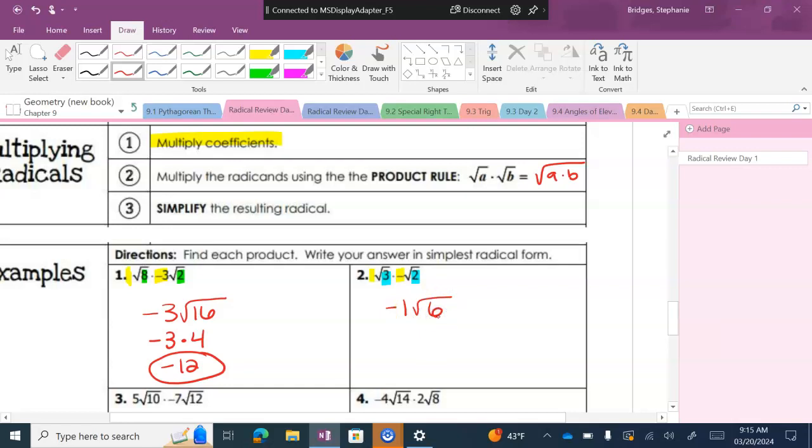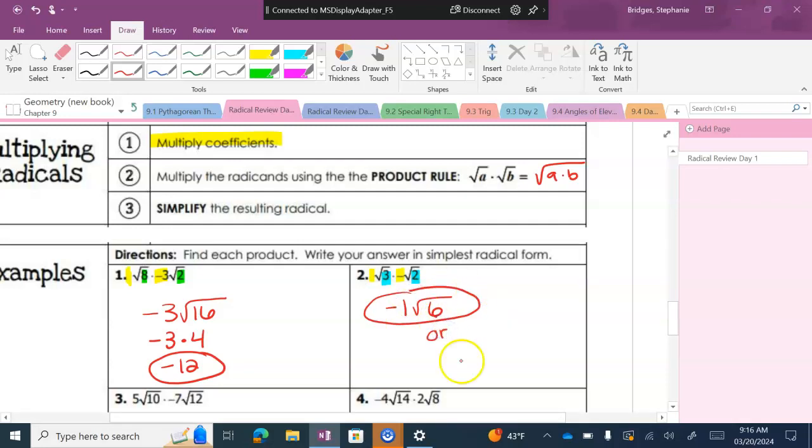Is 6 a perfect square? If it's not, then my next question is, do any of my perfect squares divide into 6 so that I can simplify? What's the only perfect square that's not bigger than 6? 4, and 4 doesn't divide into 6 evenly, right? Which means I cannot simplify that. So you can leave your answer like this.